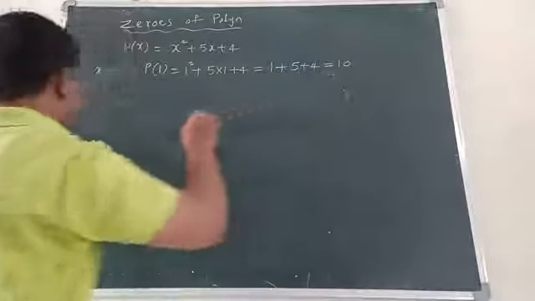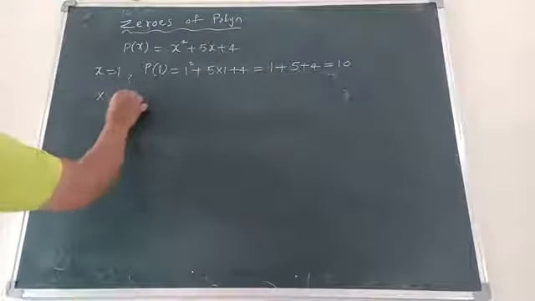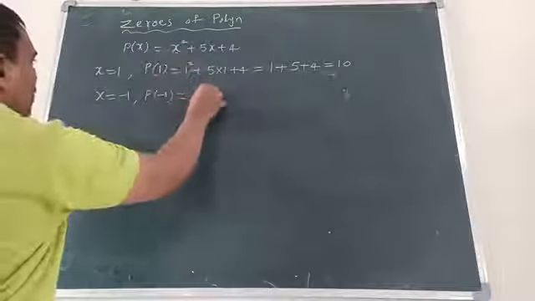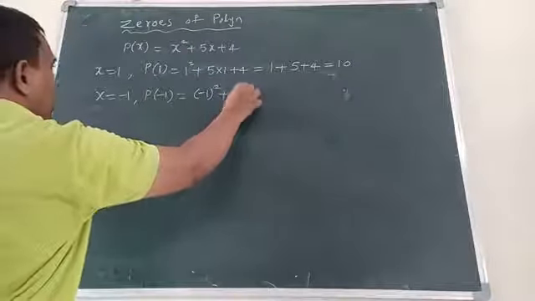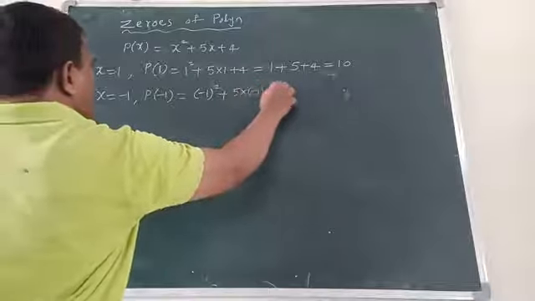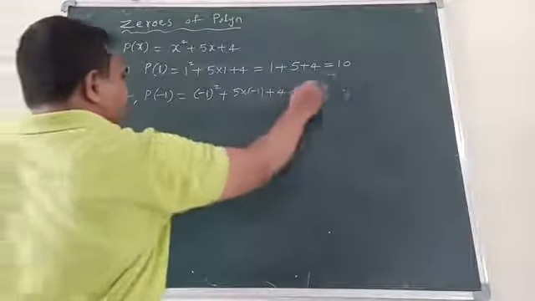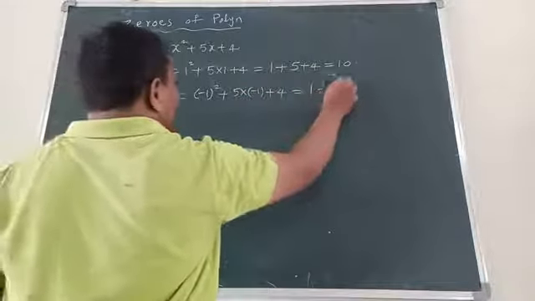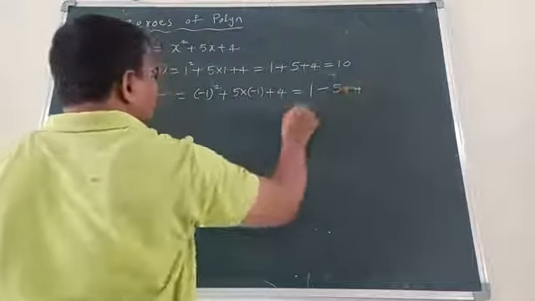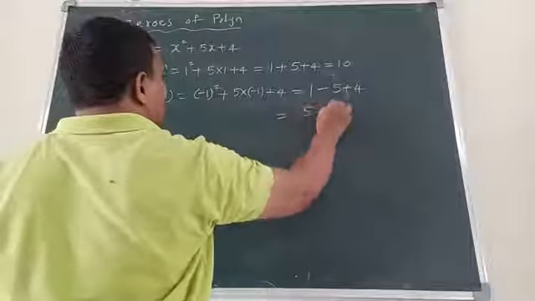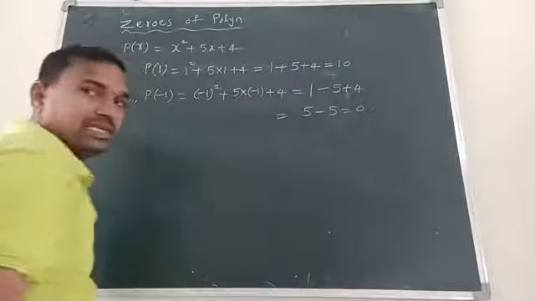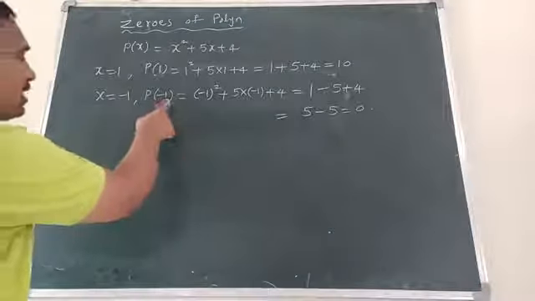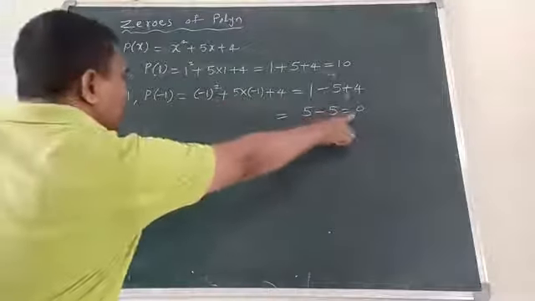10. Now substitute x equal to minus 1. P of minus 1 is minus 1 whole square plus 5 into minus 1 plus 4. Minus 1 whole square is 1. Plus into minus is minus, 5 ones are 5, plus 4. 1 plus 4, 5. Minus 5 equal to 0. So by substituting x equal to minus 1, we got the polynomial value 0.